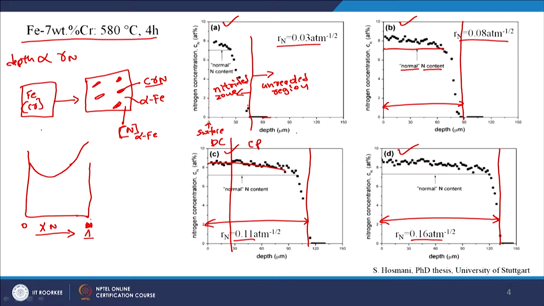For example, we have seen that the chemical potential of nitrogen in the gas atmosphere can be kept constant by fixing the temperature and nitriding potential. Okay. Now, if we have T and rN both kept constant, that means we are fixing the chemical potential of nitrogen, mu N, in the gas phase.